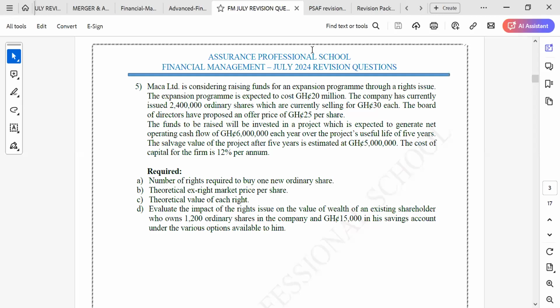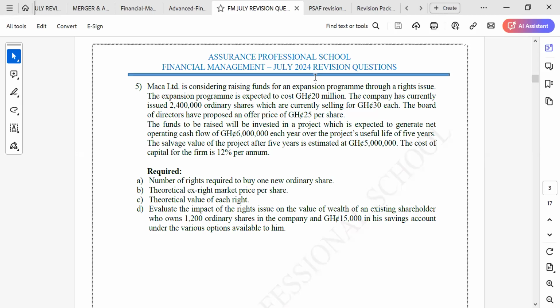Okay. So how much are we raising through the right issue? How much is the company raising? 20 million.